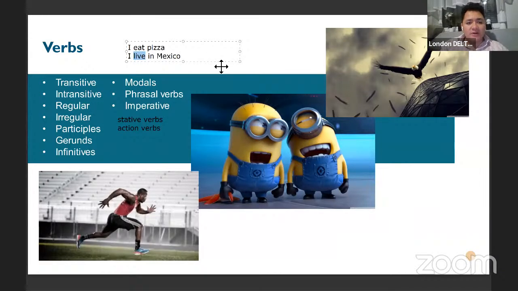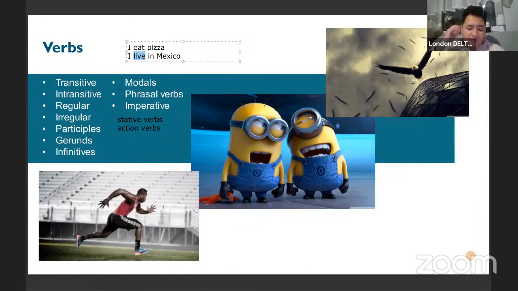So there are some verbs that are actions, and interestingly, paradoxically, ironically, there are verbs that are not properly actions. Those are the stative verbs. For example, live, be, have, know. Those are stative verbs.